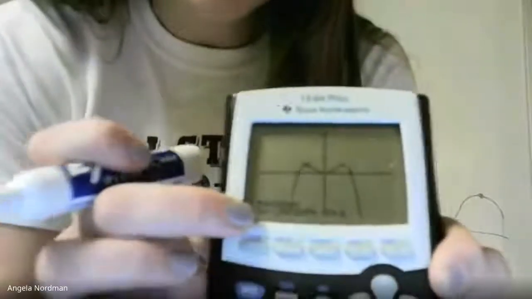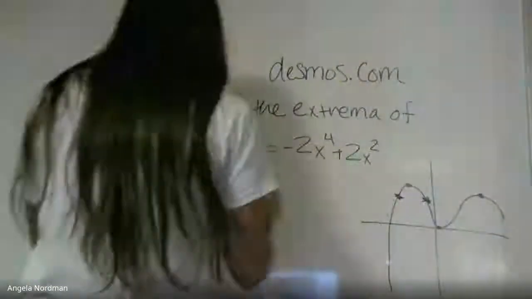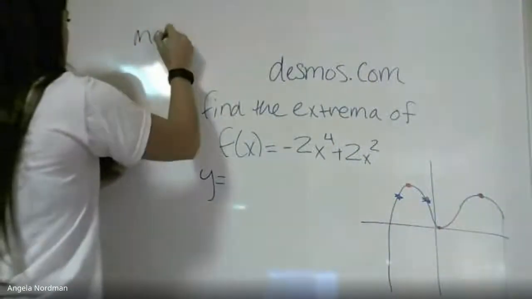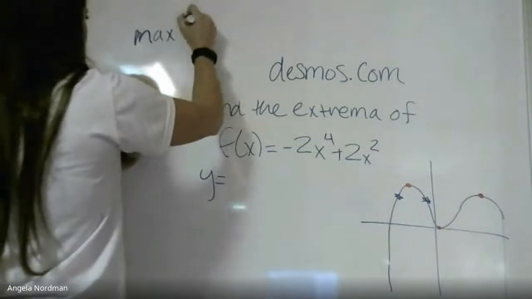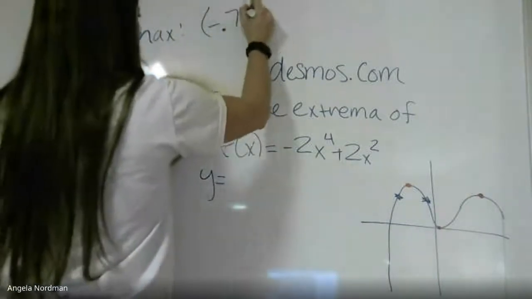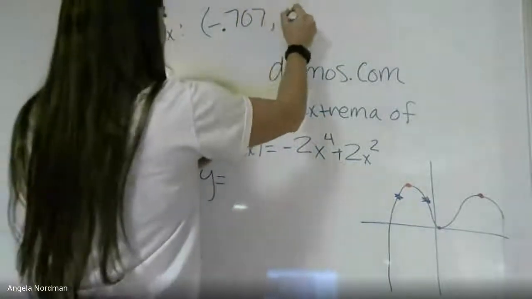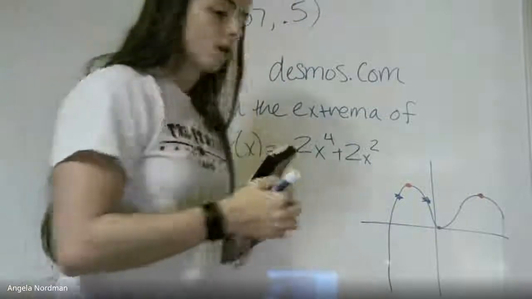Now this point pops up. You have an X and a Y coordinate. Obviously we were calculating a maximum. Mine is negative 0.707 and my Y is 0.5. So that's one maximum.